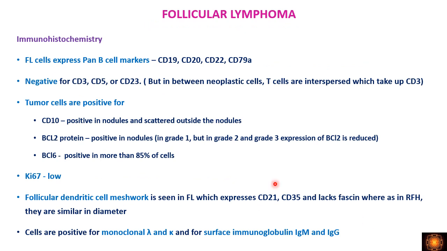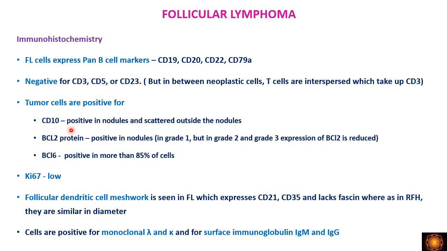Now coming to the immunohistochemistry, follicular lymphoma cells express all the B cell markers like CD19, 20, 22 and CD79A, and they are negative for the T cell markers CD3, CD5 and CD23. But when we do the IHC, sometimes we get CD3 positive cells because they are the T cells interspersed between the tumor cells. Tumor cells are specifically positive for CD10.